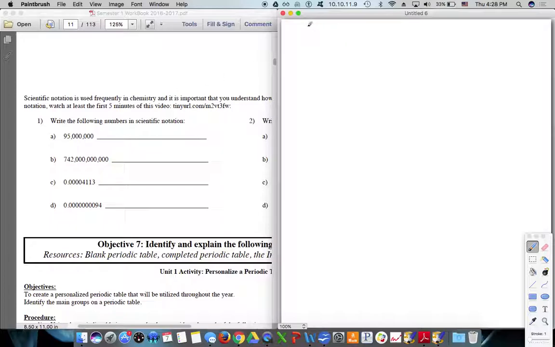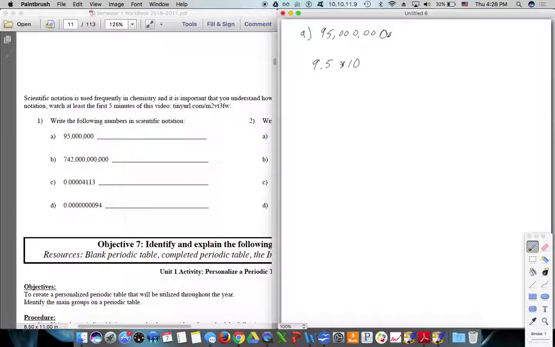So the way we do this, let's do a 9500000, is to move the decimal place in between the first two numbers, 9.5. Now we're going to multiply this by 10 to the number of times you had to move the decimal place.